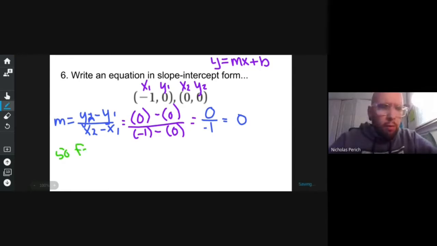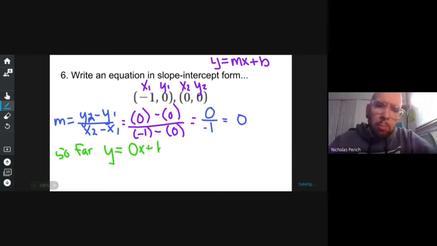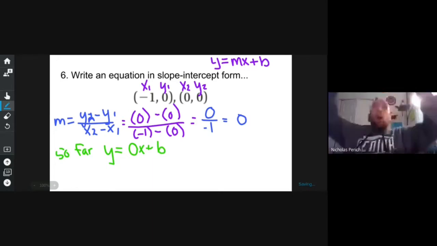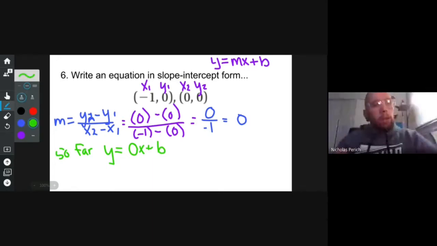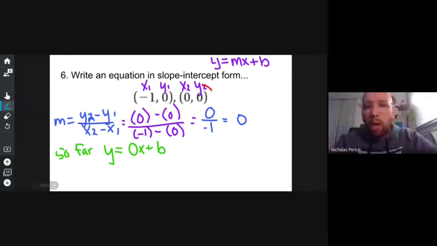Okay, so what I have so far is y equals mx. Nope, I just found out that m is 0. So y equals 0x plus b. What's b? B is the y-intercept. Look again.